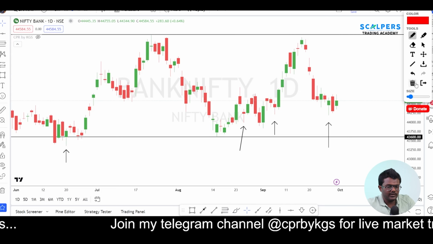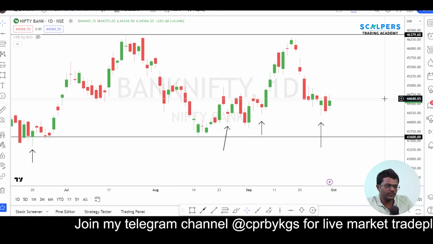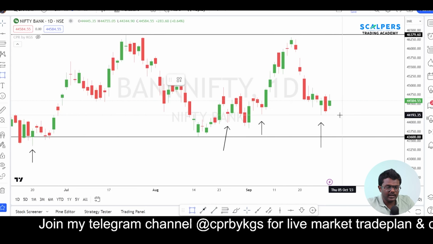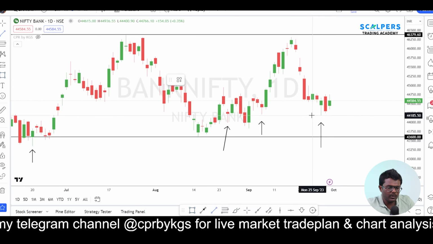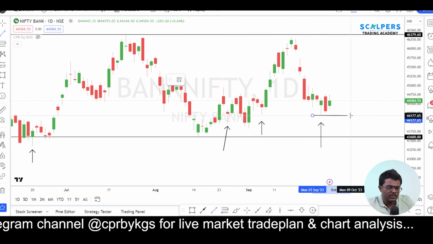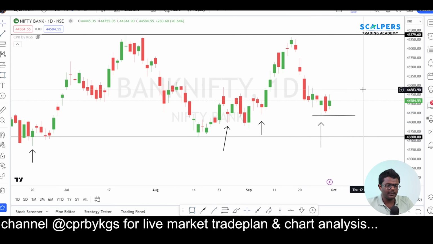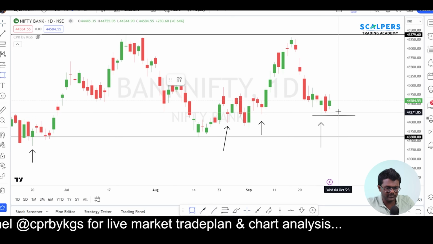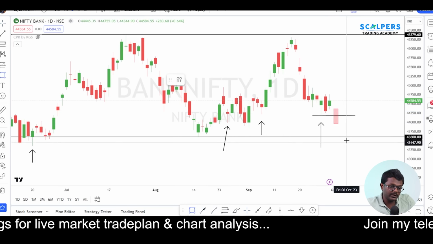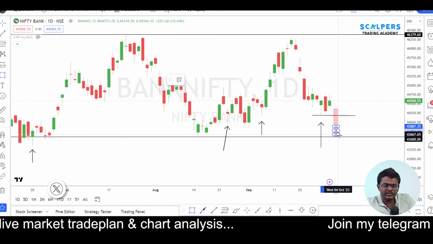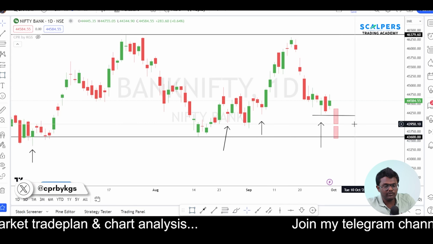Okay, but in case in coming days in the month of October, this hammer candle low is broken, let me draw a small line at hammer candle low. So this is a very small line at hammer candle low. If this hammer candle low is broken down, or if there is a gap down opening, let's say, market will be very tricky.